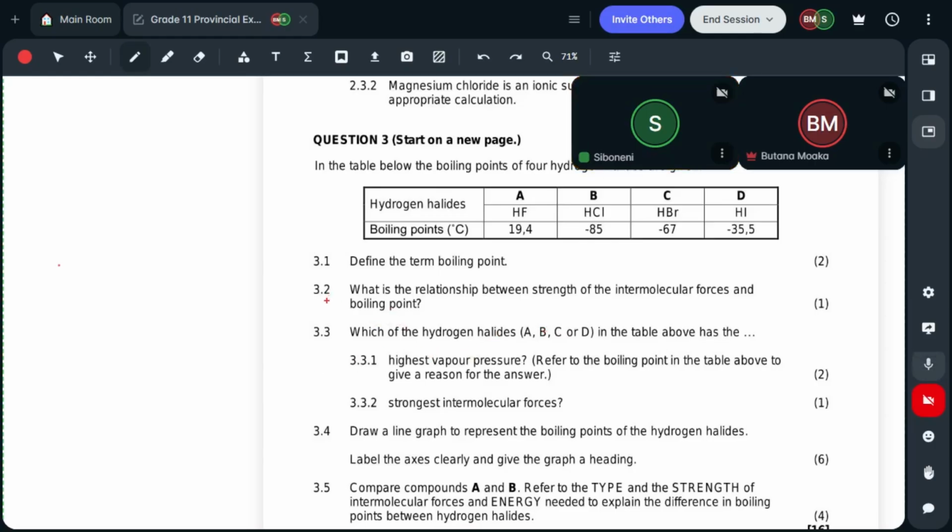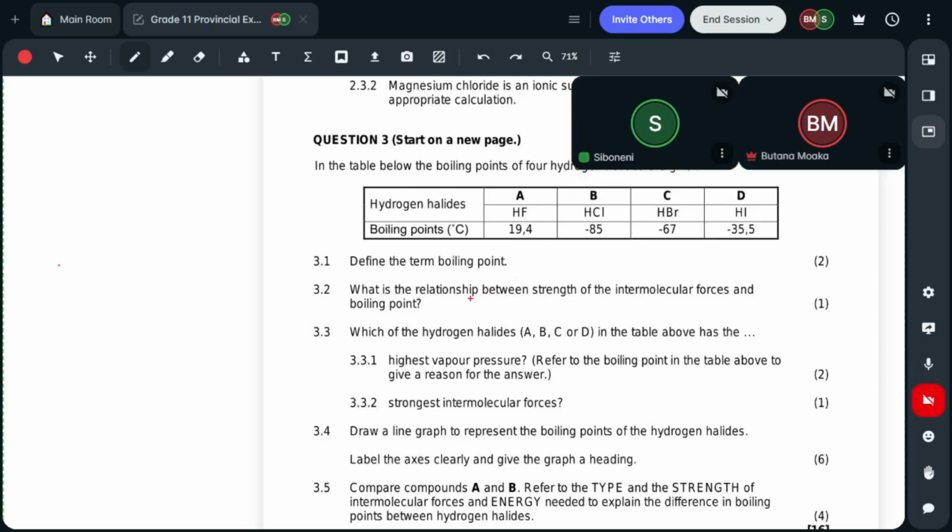Then on 3.2, they're asking you, what is the relationship between the strength of the intermolecular forces and boiling point? For 1 mark, this tells us that this should be easy. When they ask you about the relationship, remember, the stronger the intermolecular force, the higher the boiling point.